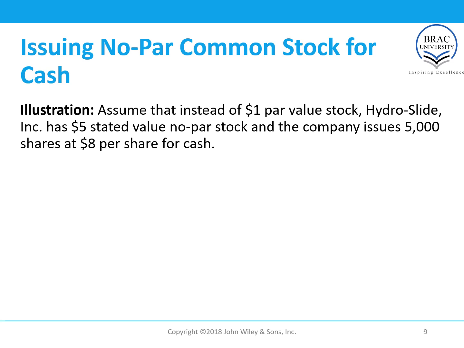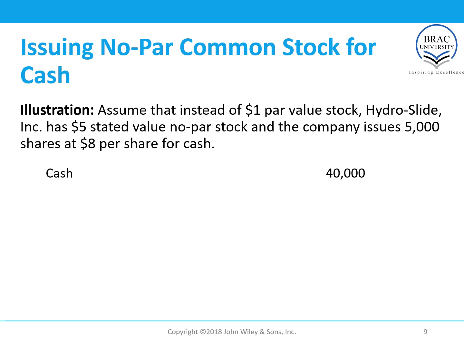By this transaction, Hydro Slide has received cash of $40,000, which comes from 5,000 shares multiplied by $8. So cash should be debited for 40,000.